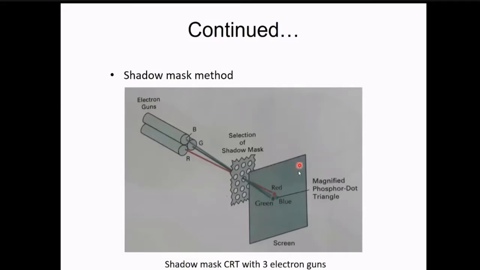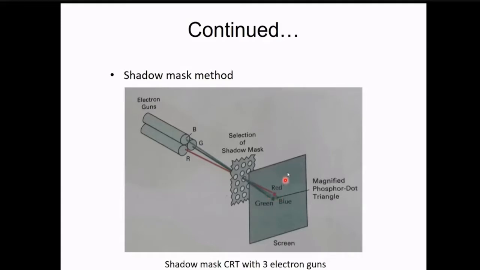Think of this position at a particular stage. The shadow mask will concentrate the beam on that particular portion. If it is the top left corner, it will concentrate the beam on that corner, and at the same time create a triangular form composed of these three colors.